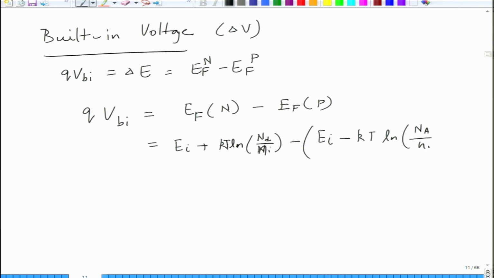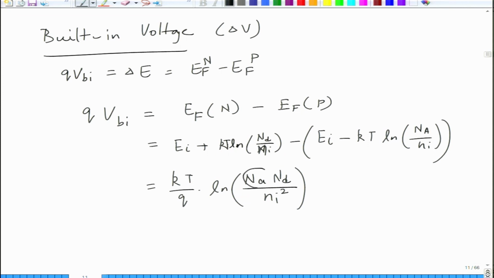This we saw in the semiconductor fundamentals. If you now plug these together, this will become kT divided by q ln of Na Nd divided by ni squared.